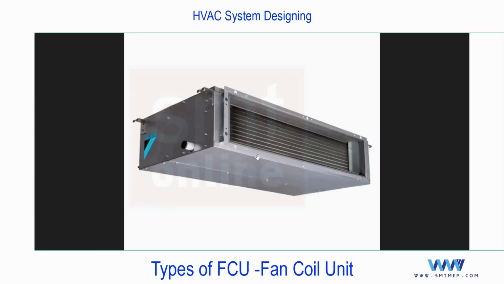This is a conceal FCU. You see, just we connect a piece of a duct, not complete ducting. If the capacity increases, we can deal with the ducting for the small room also, but not for multiple rooms. So this is generally above the false ceiling, which is not visible. Without false ceiling, it may be visible in case of some stores, etc. But in hotel rooms or in residential villas, this is going to be concealed.